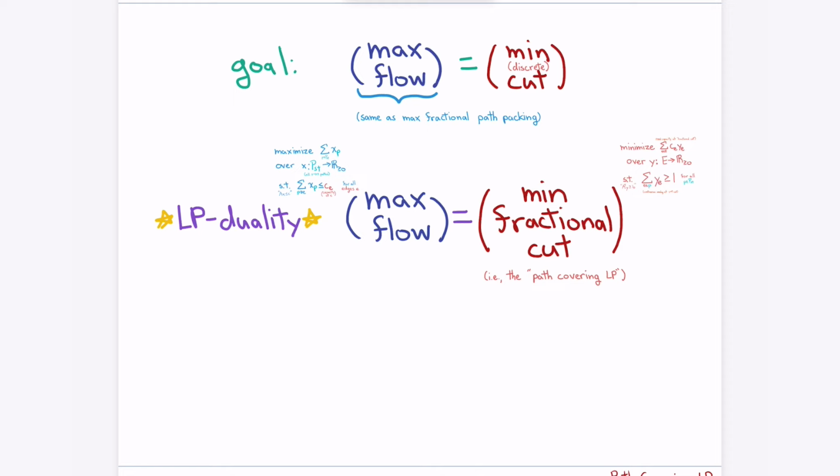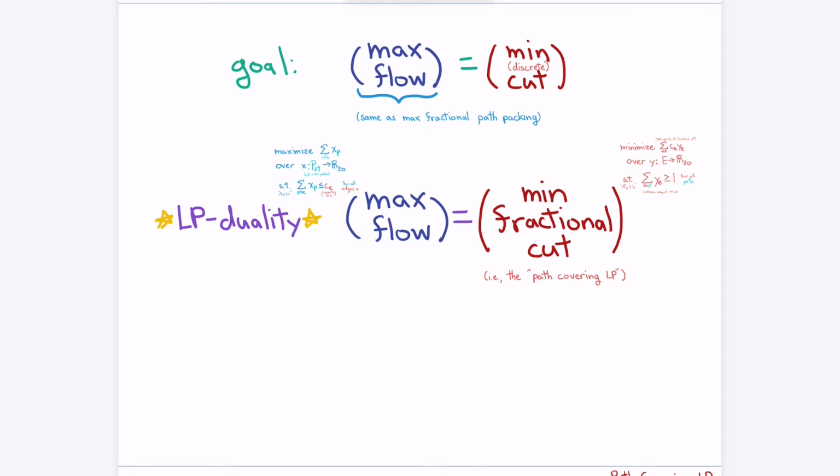Okay. So LP duality tells us that the max flow is equal to the minimum fractional cut. So that we actually get for free. This is really just a property of convexity or something ultimately.